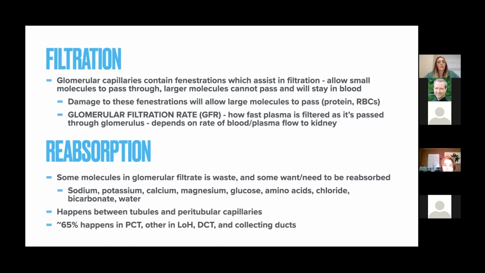Okay, this is going to happen between the tubules and the peritubular capillaries. Now, most of the reabsorption is going to happen in our proximal convoluted tubule, and then the other percentage is going to happen in the loop of Henle, the distal convoluted tubule, and the collecting ducts. But again, the primary is in the proximal.